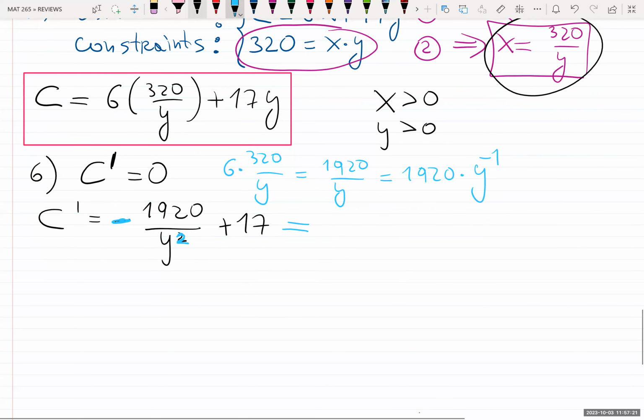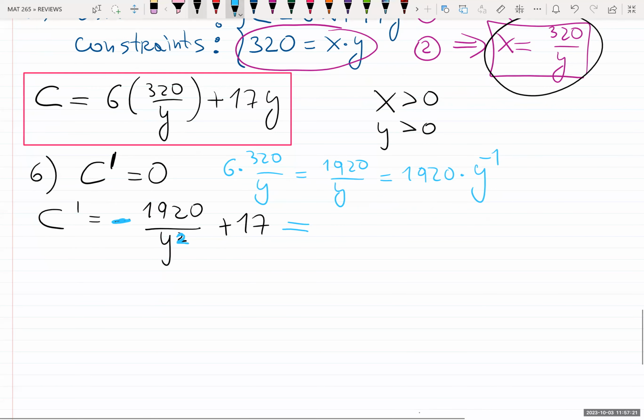y gives you plus or minus the square root of 1920 over 17, which is, if you're curious, plus or minus 10.6274. I like exact answers, so I always prefer exact answers. And then you check, we have 2 critical points. No, we're not supposed to include the negative, because we're working with objects.